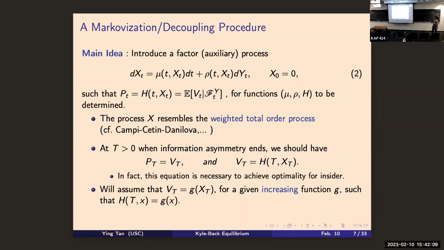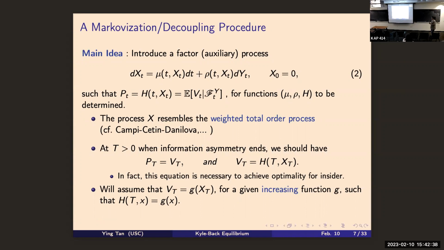So V capital T can be observed by anyone in the market, and the price must be the value. Another reason is that if we write down the HJB equation for this control problem, you will find that P capital T equal to V capital T is indeed a necessary condition for the optimal strategy to exist. We will talk about that later.